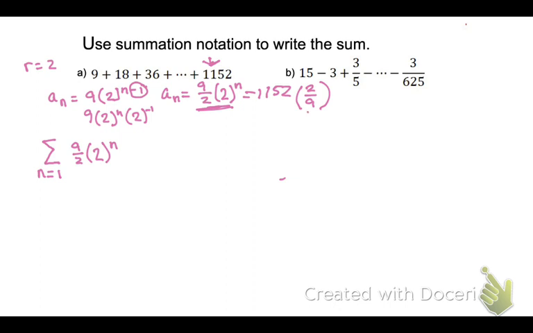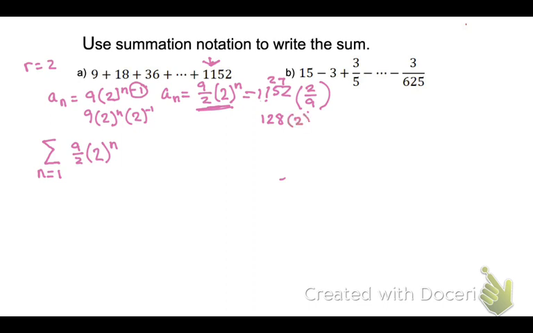So 9 goes into 11 how many times? Once, with 2 left over. 9 goes into 25 how many times? Twice, with 7 left over. And 9 goes into 72 how many times? 8.